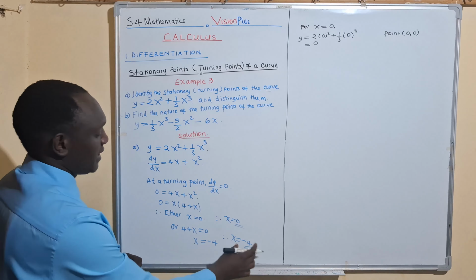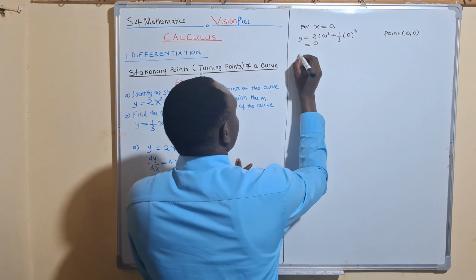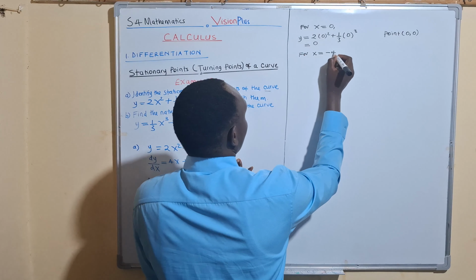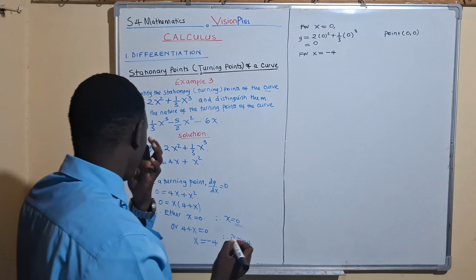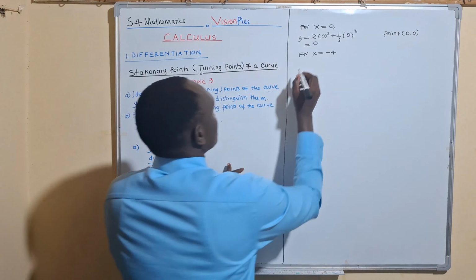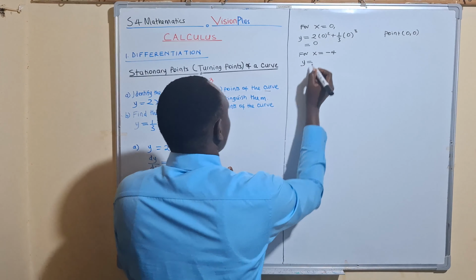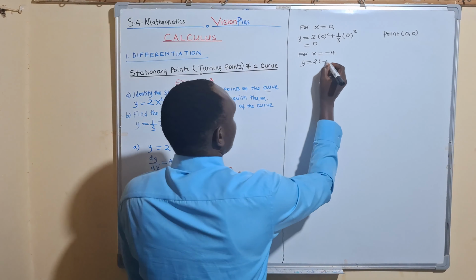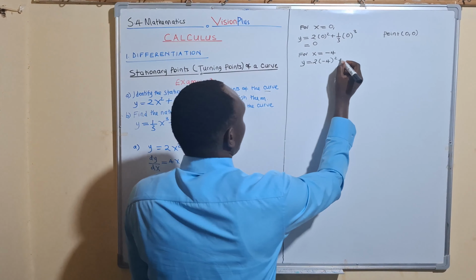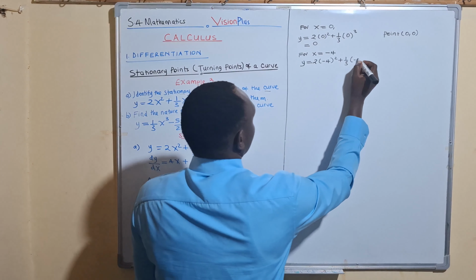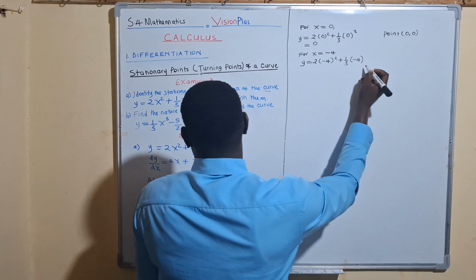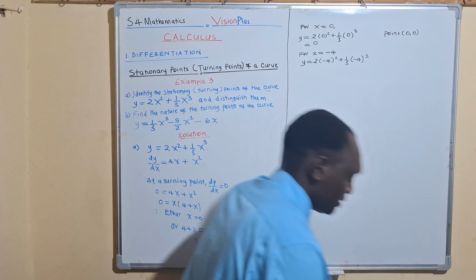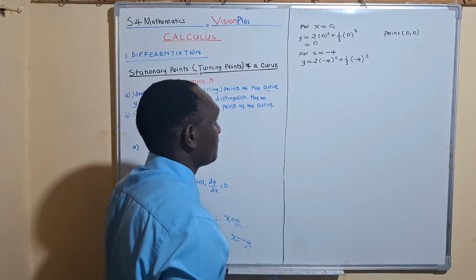And then what if x is negative 4? That is at the other turning point. So for x equals negative 4, what is the corresponding value of y? We use the same expression: y equals 2 times negative 4 squared plus a third times negative 4 cubed.